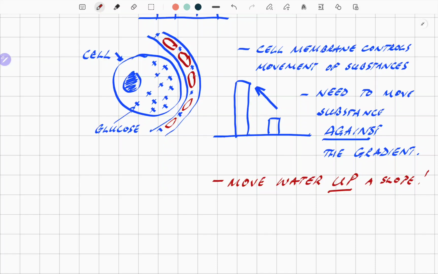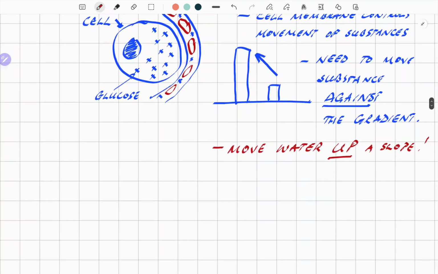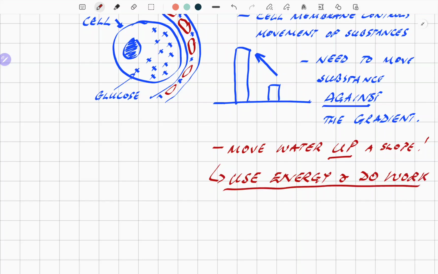It won't do it on its own. So what do you need to do to it? The way to think about it is you're going to have to use energy and do work. Does that make sense? That is active transport.